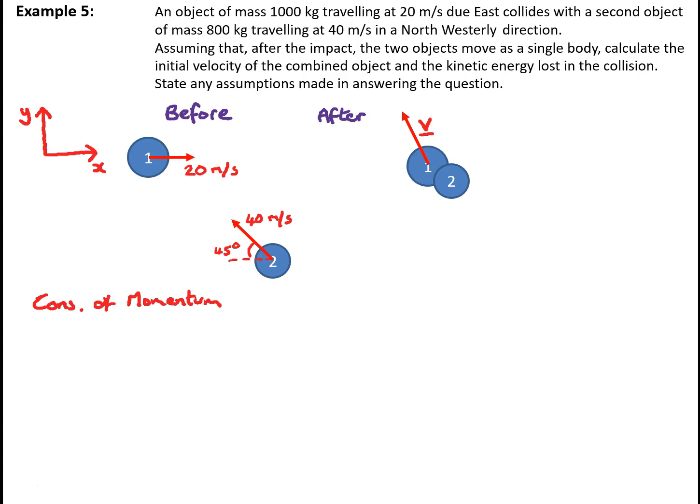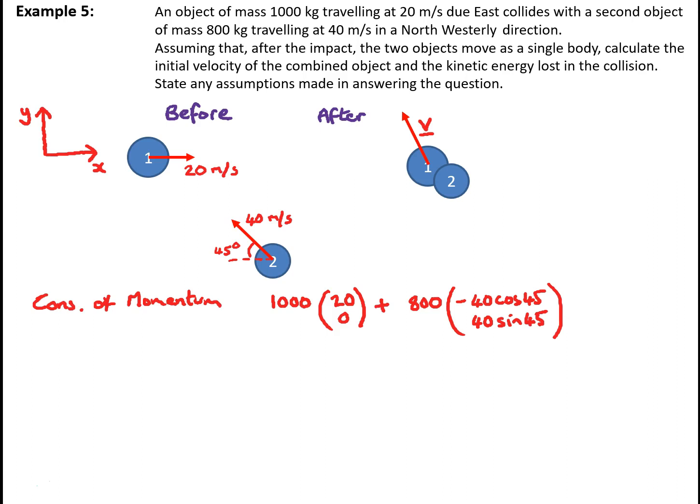So, if we apply the conservation of momentum, the total initial momentum is first of all 1,000 times the vector 20, 0, plus then 800 times the velocity of the second particle.